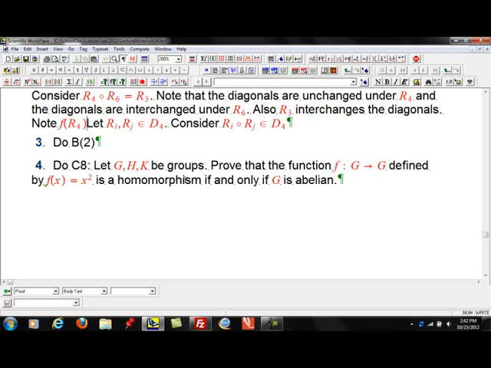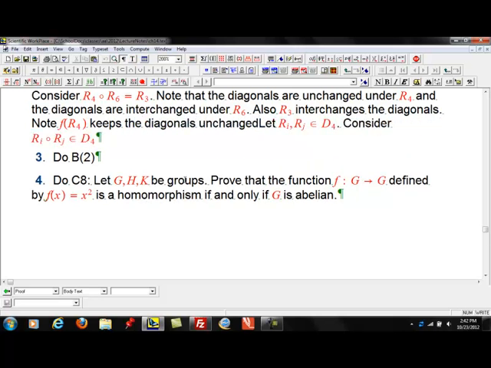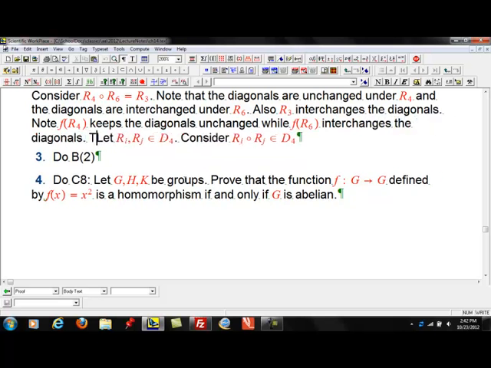F of R4 keeps the diagonals, while f of R6 interchanges the diagonals. Therefore, when you think about the composition of the two of them, the second one interchanges it, then the first one keeps it without changing it. So when you do the function composition, you have the diagonals interchanged.